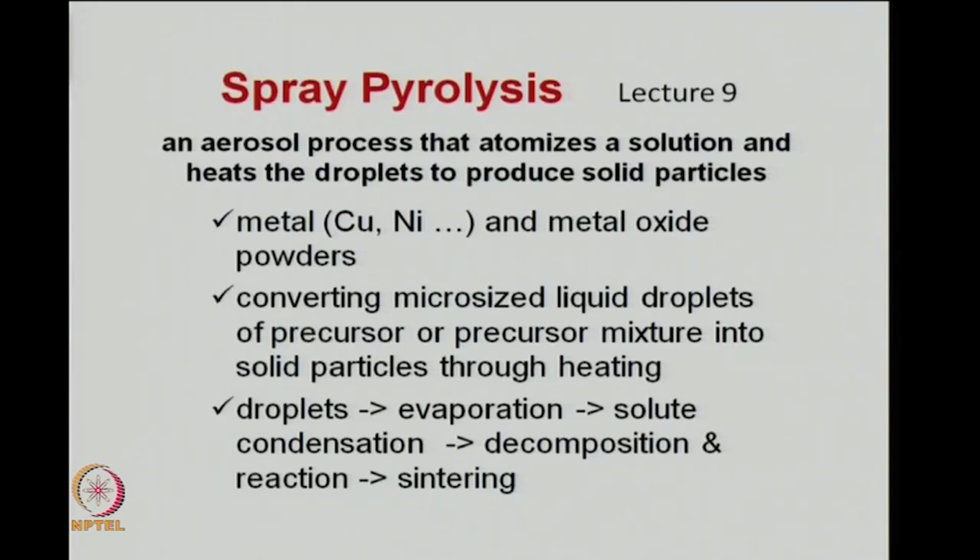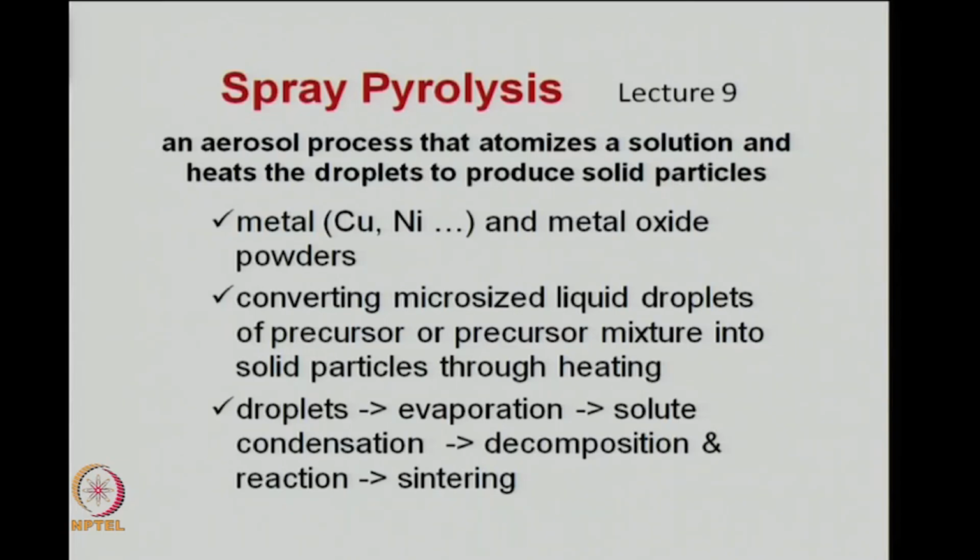In an aerosol, you have these particles in a liquid droplet, and that liquid droplet containing the solid particles is atomized, and then you heat to get back the solid particles.